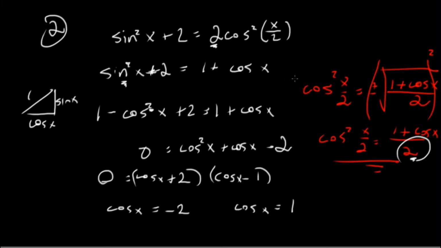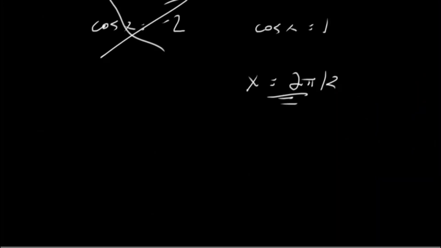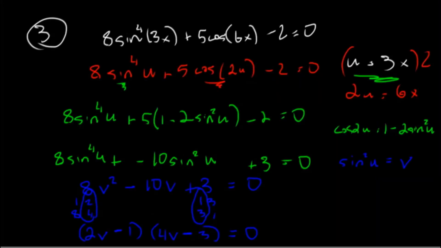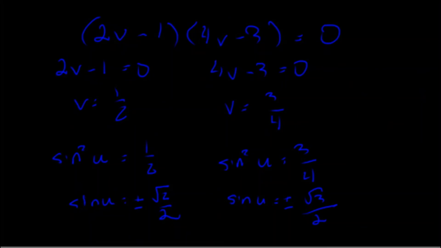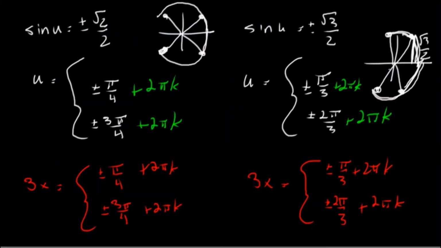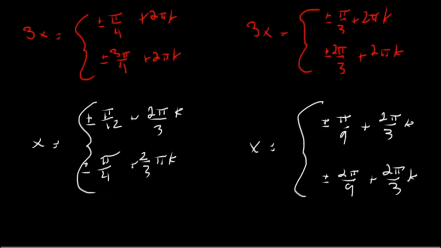In number 2, we used the half angle formula, and it actually worked really nicely with this equation. It's almost as if I chose this question on purpose, so it would work nicely. Cool. And then this final one was a doozy, but we used a lot of u substitution to make it more manageable, and we got a huge solution set. So here's solving trig equations with identities.